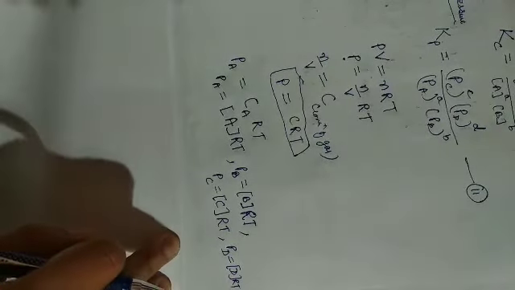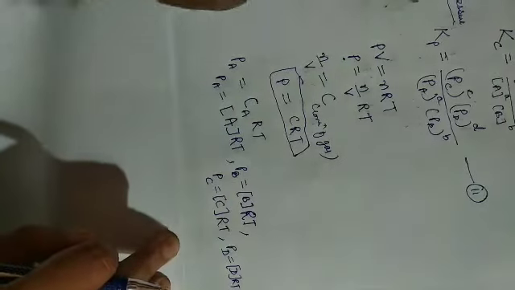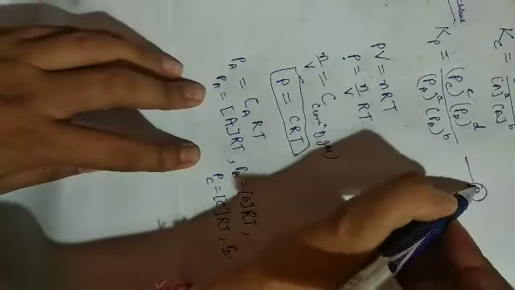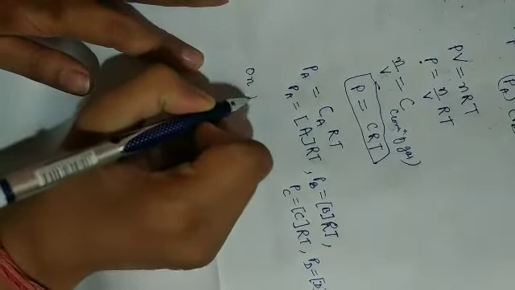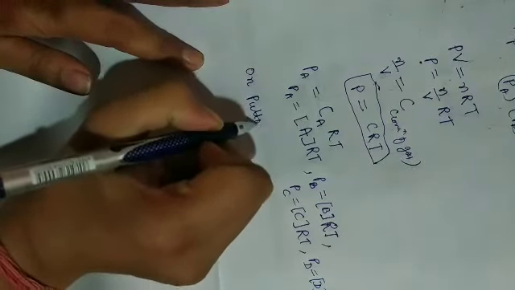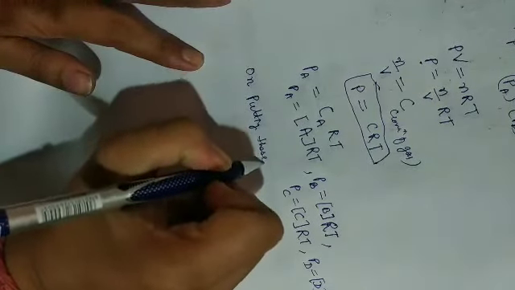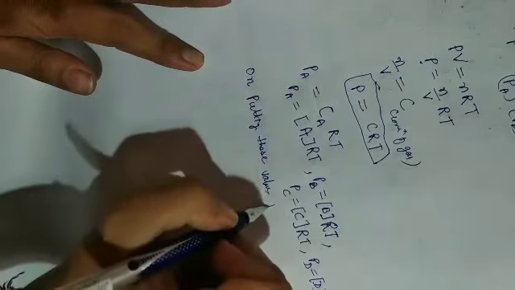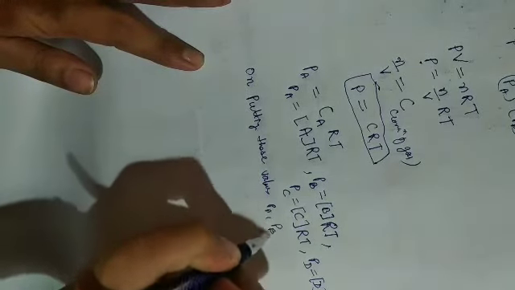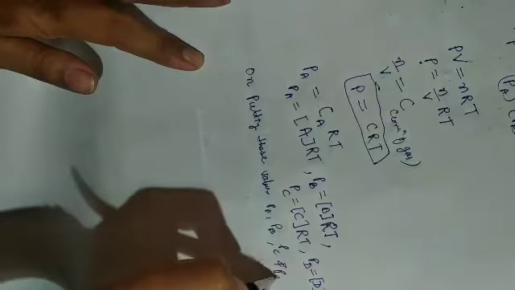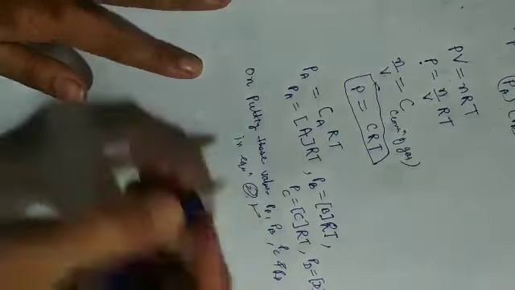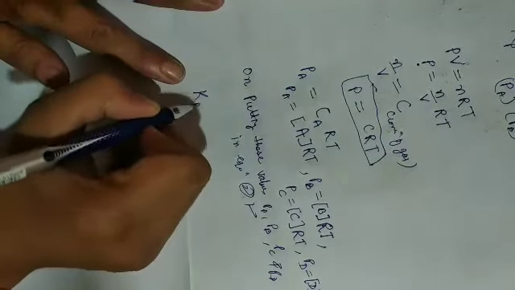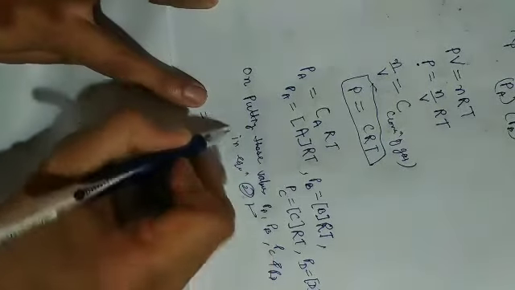Now we have to put these values in equation number 2. Putting the values of the partial pressure of A, B, C and D in equation number 2, what will we get? Equation number 2 is Kp, the partial pressure of C. What is the partial pressure of C?